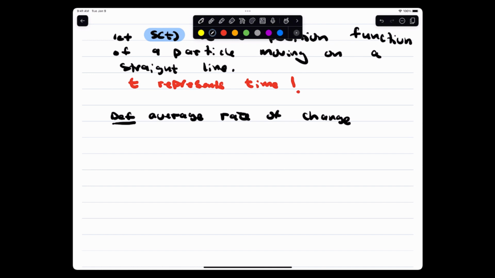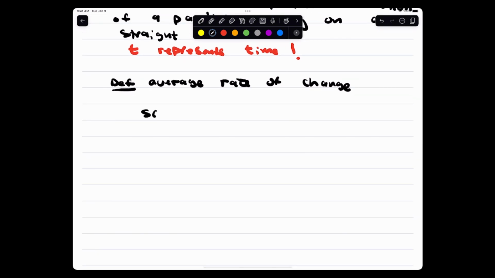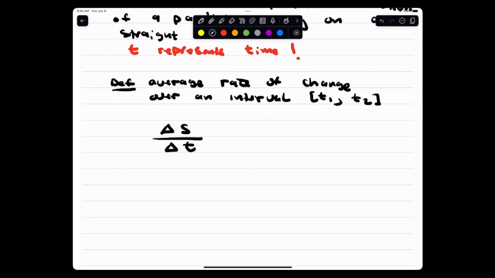We've got a general definition, but in this particular case, we'll just use this: delta S over delta T. That's the average rate of change over an interval, where you have T1 and T2.